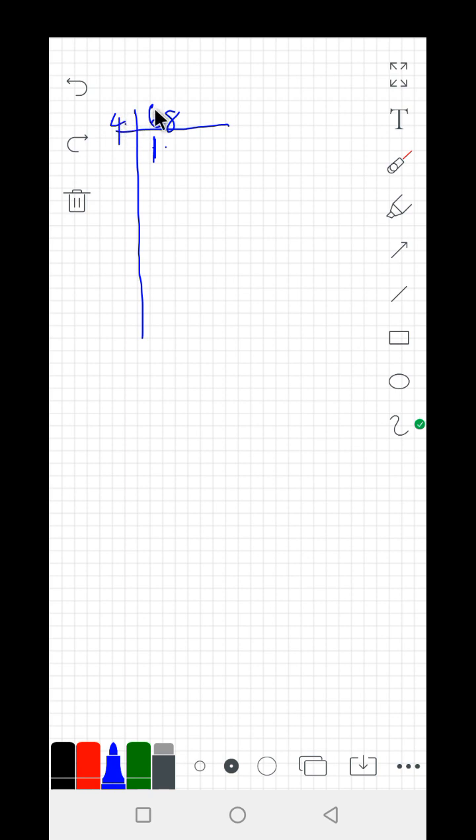You take the 2 and bring it to 8, and we now have 28. 28 divided by 4 will be 7, and there is no remainder, so the remainder there is 0.